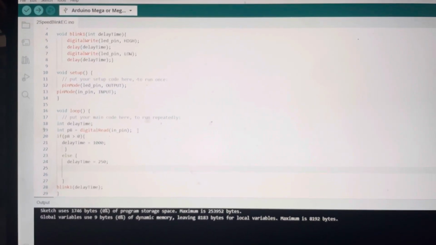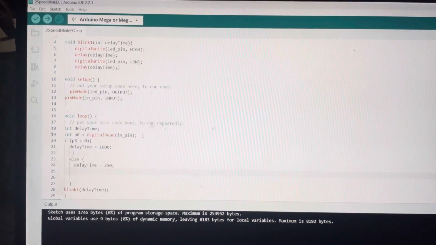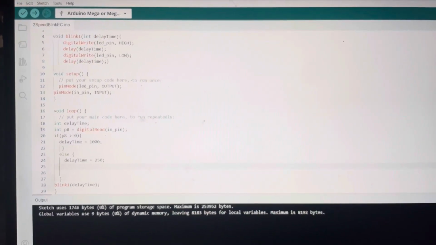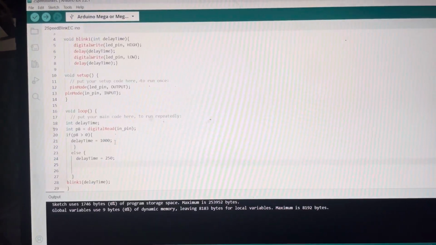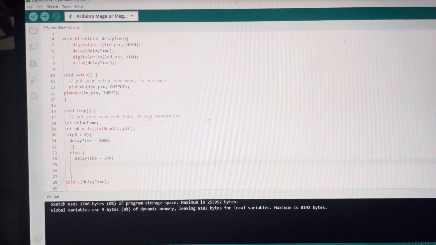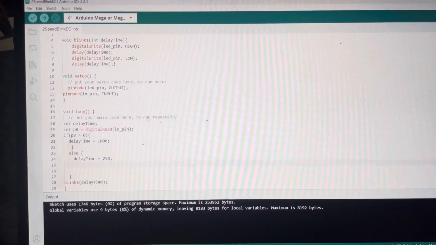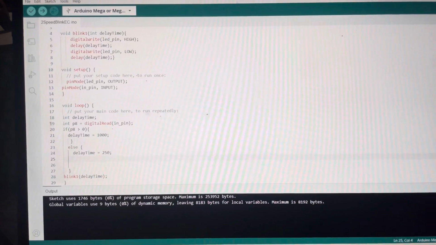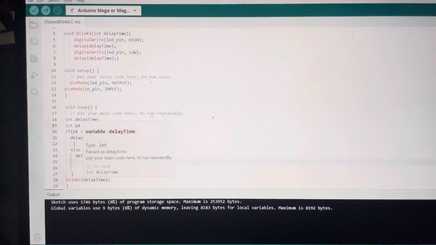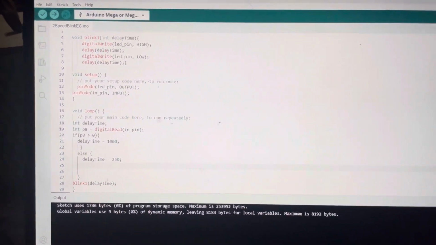So if there's voltage going through the pin, and the voltage is greater than 0, we set the delay time to 1000, so a second. If not, if there's nothing going through it, then the delay time is 250 milliseconds. And then we run the function blink 1 with said delay time, and we just loop through there.